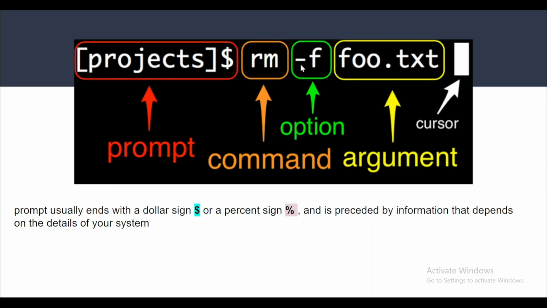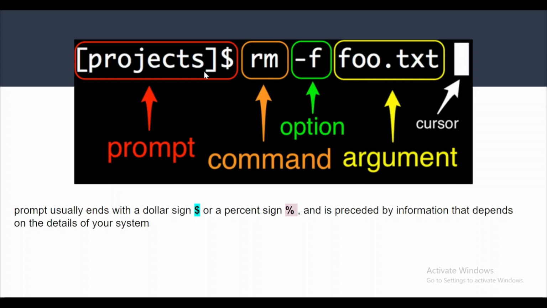For example, if I say -r, it means I'm telling my computer to remove the entire directory, and I need to provide as the argument the directory or folder name that I want to remove. This prompt usually ends with a dollar sign, or sometimes in other systems it may have a percentage sign. And before this dollar or percentage symbol, all the information will depend on the details of your system.